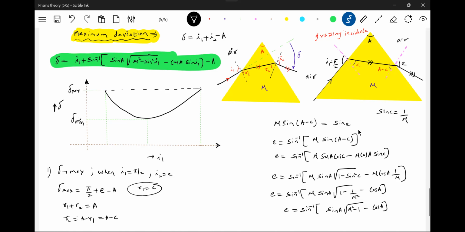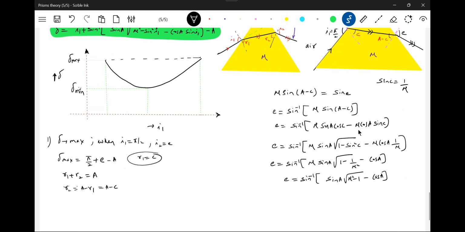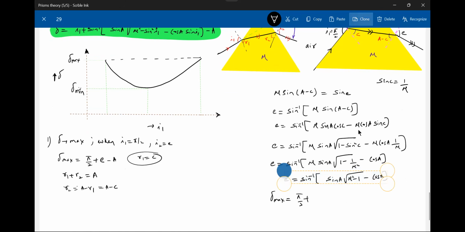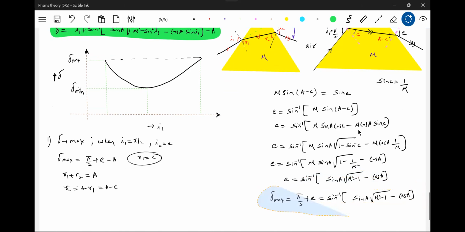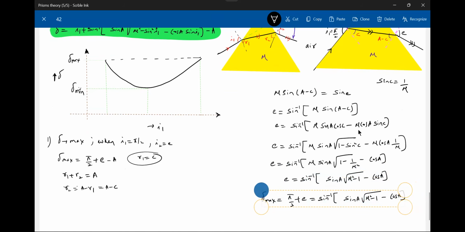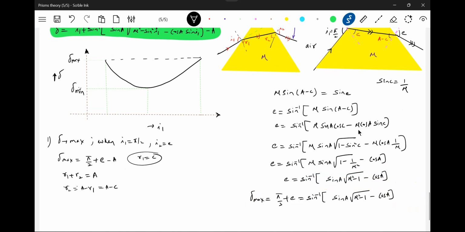So substituting this in the expression for delta max, the maximum deviation, I got the formula pi by 2 plus this one minus E. This is the expression for maximum deviation.